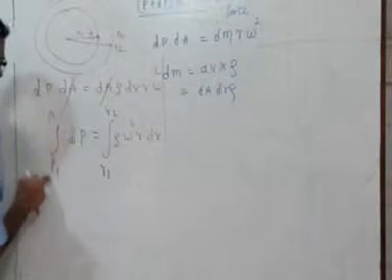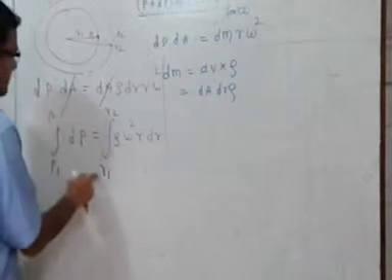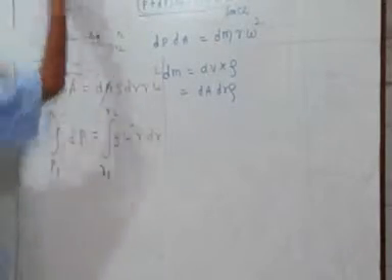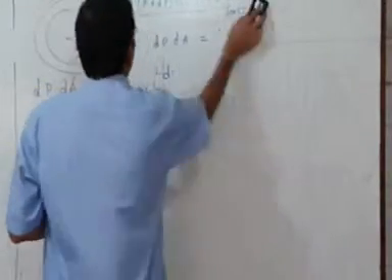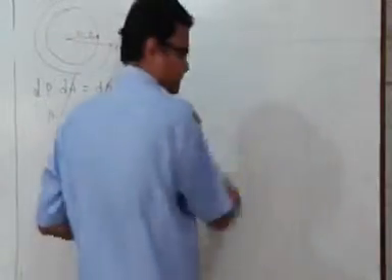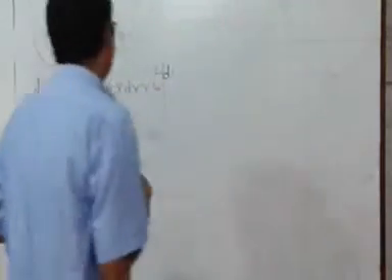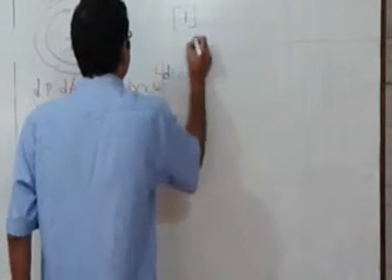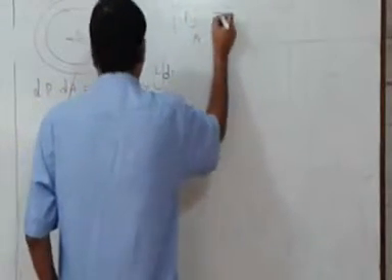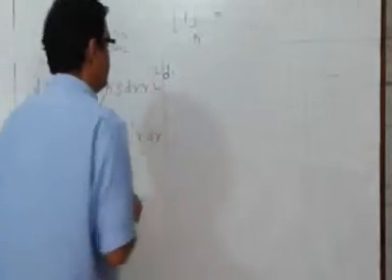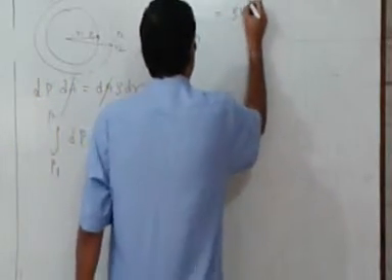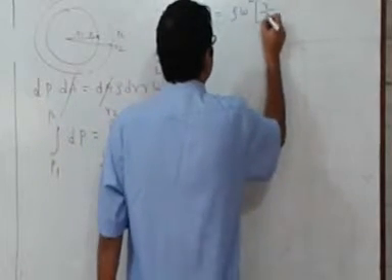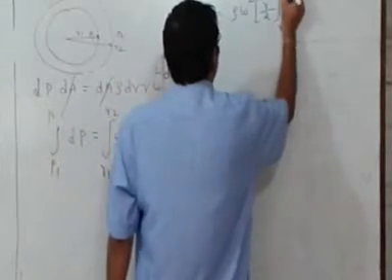So we are integrating from P1 to P2 and from R1 to R2. If we do the integral, integral of dP is P. Rho and omega square are constant, they will come out of the integral. Integration of r dr is r square by 2 from R1 to R2.